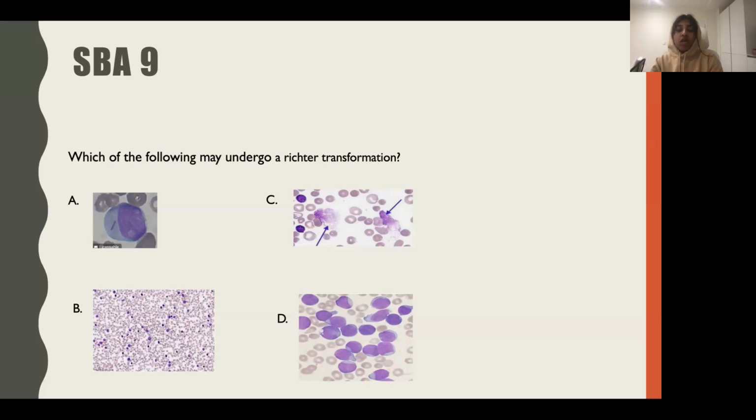Those are a bit more complicated, but the leukemia questions are very straightforward once you remember what is what.